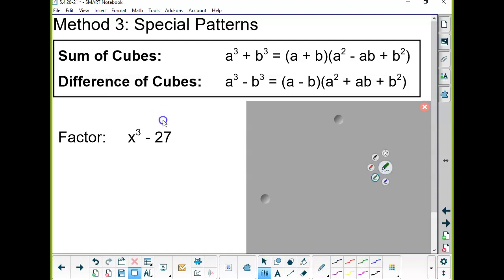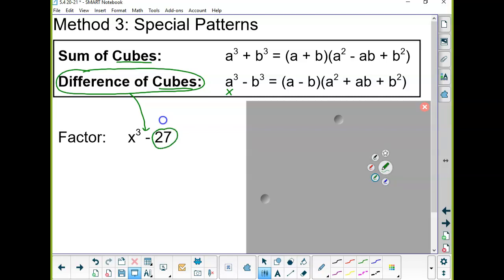However, we want to look at the idea that these are cubes. Now, notice how this is a minus. So we're going to focus on the difference of cubes here because it's a subtraction. And remember what the word cube means. Cube means to the third power. Well, I have x to the third power, which is the same thing as where the a is. But I don't have a b value to the third power.